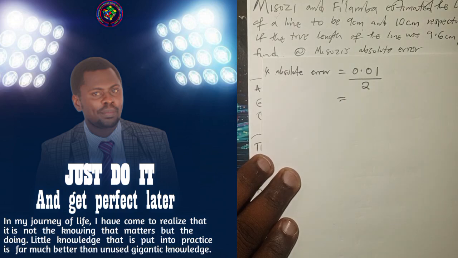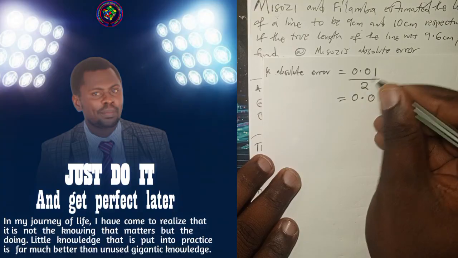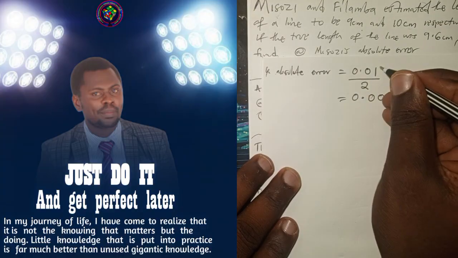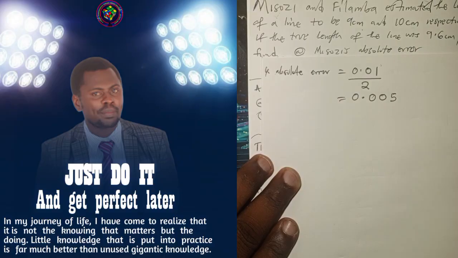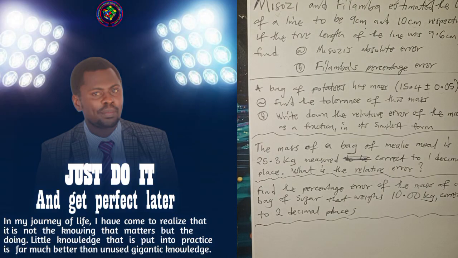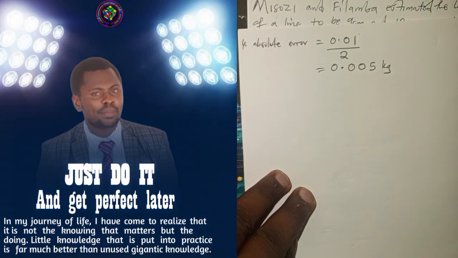Okay, so absolute error is equal to, so we have 2 in 0 is 0, point, 2 in 0 is 0, 2 in 1 again is 0, then you add a 0. 2 in 10 is 5. So we have 0.005 kg. That is absolute error.